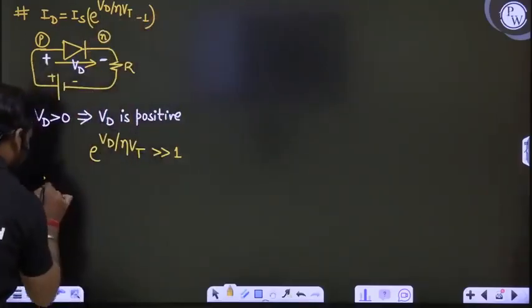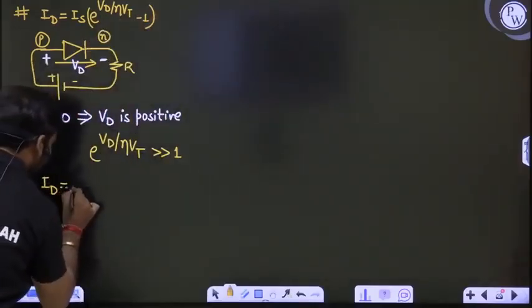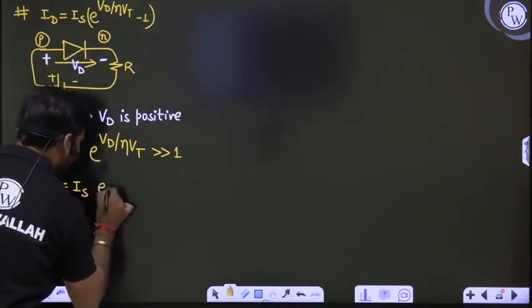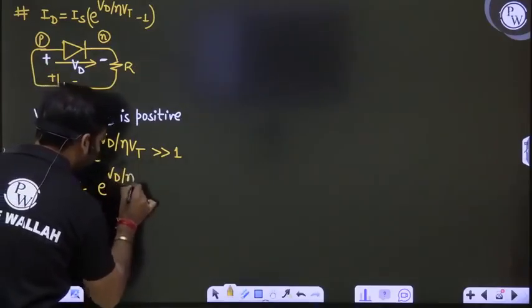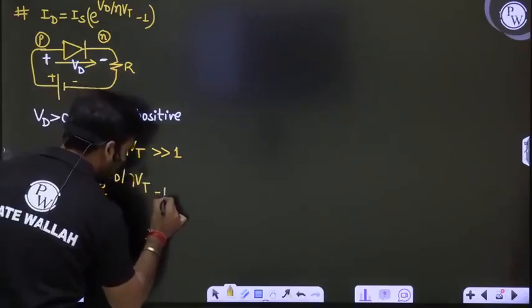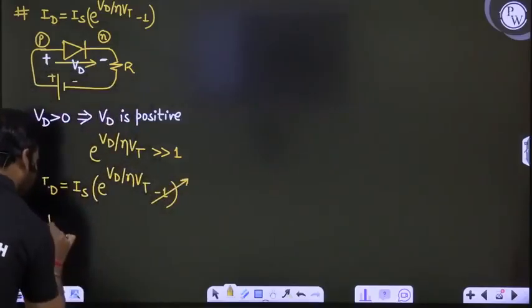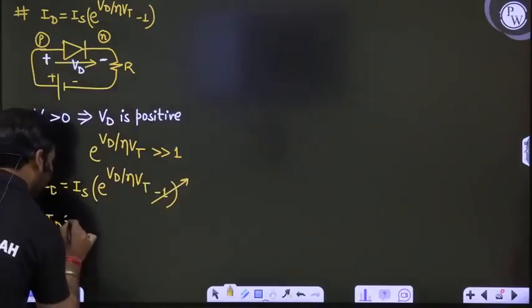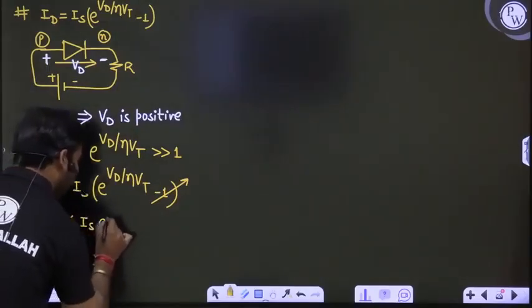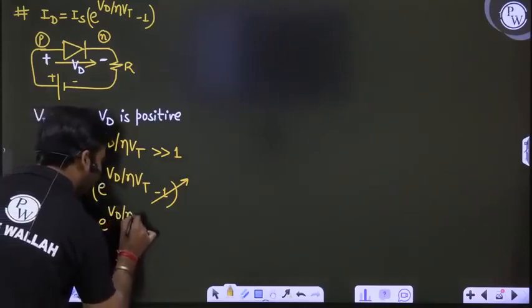So this ID will be Is times e to the power of Vd upon eta Vt, minus 1, and this 1 is neglected. That's why ID is approximately Is e to the power of Vd upon eta Vt.